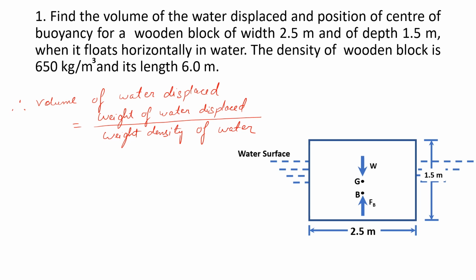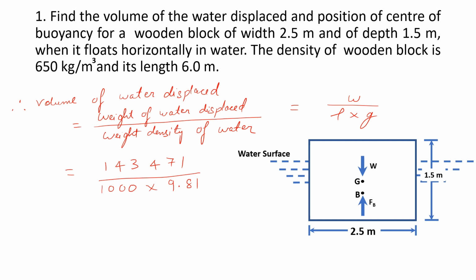Now we will find the volume of water displaced. So the volume of water displaced will be the weight of water displaced divided by the weight density of water. The weight of water displaced is W, which we have calculated just now, and the weight density of water can be found by multiplying acceleration due to gravity with density of water.